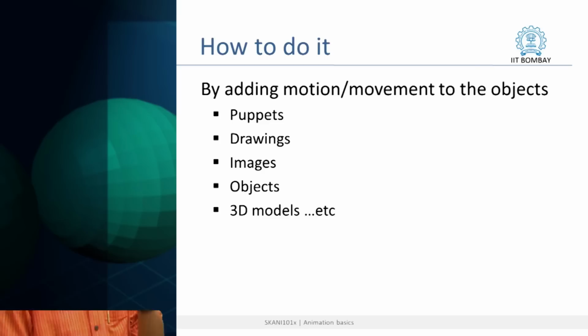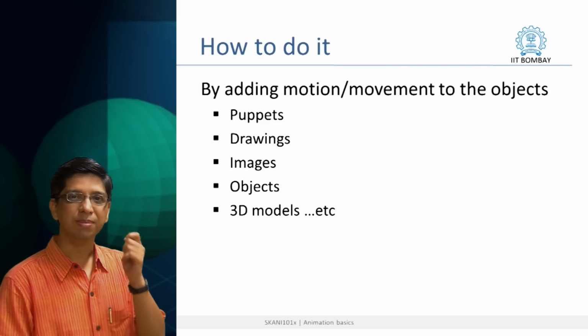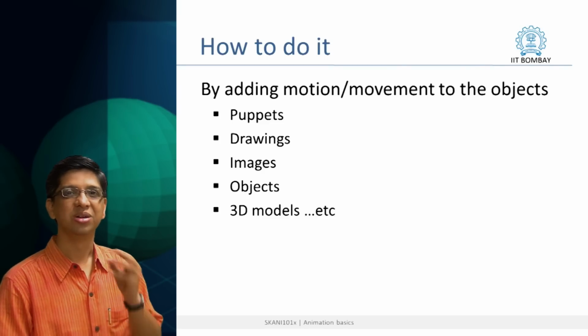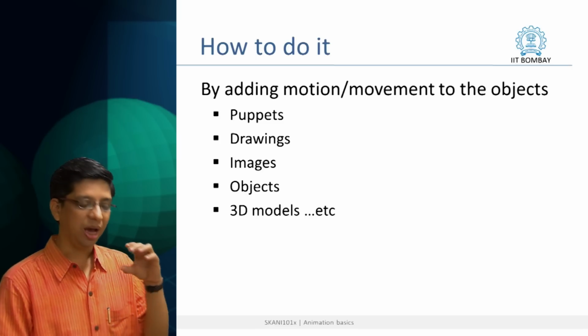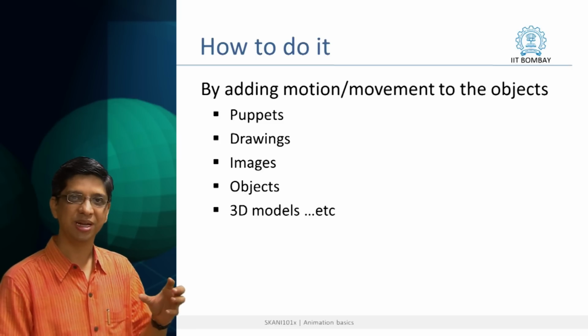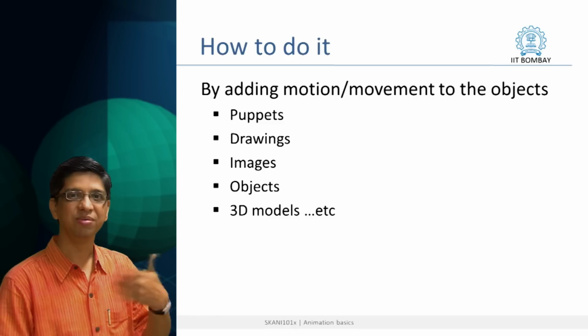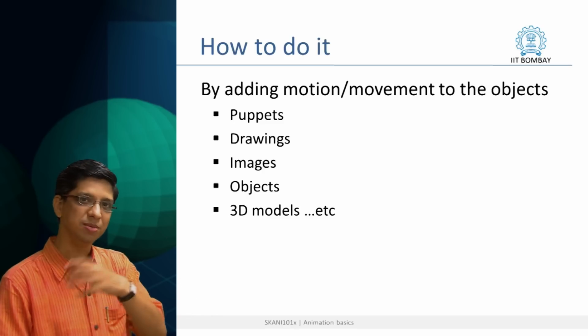So for example, if you see all the animation films or even the techniques of animation, most of the times you will see that drawings or images or puppets or even clay or sometimes some objects which are non-living are made to move in such a manner that when the captured video is played back, you can see motion.